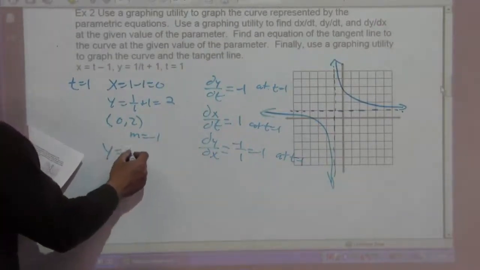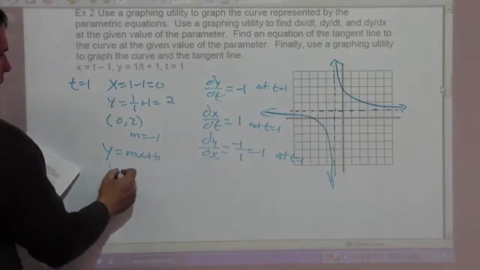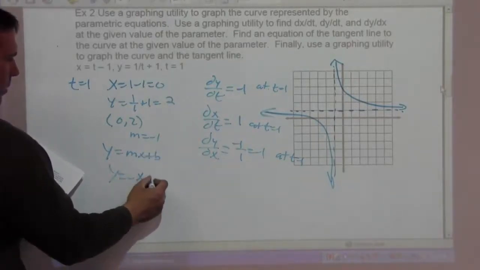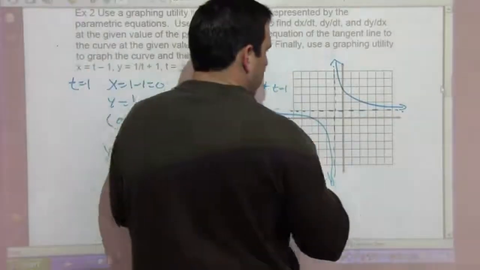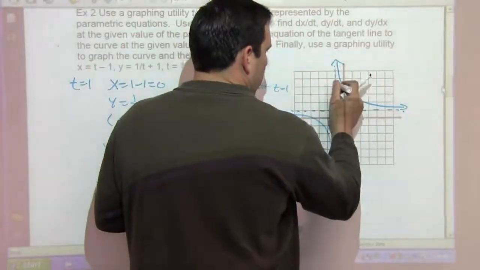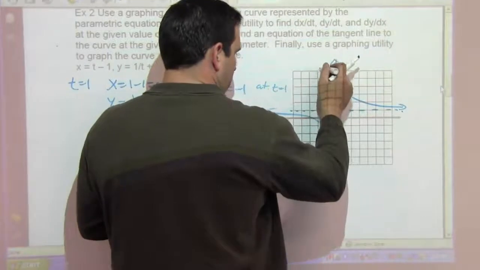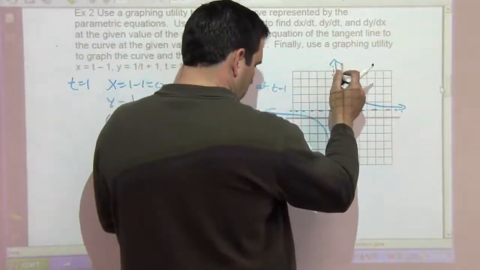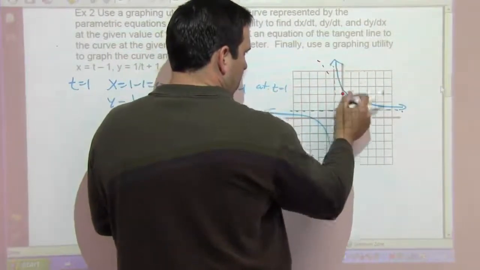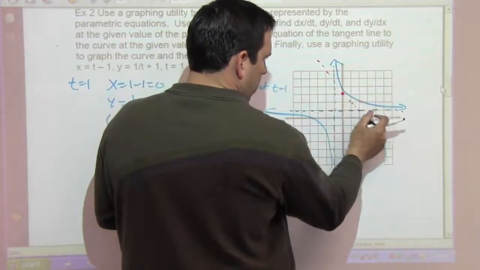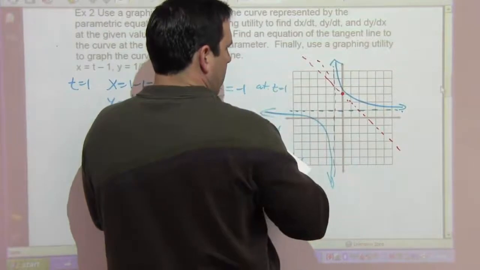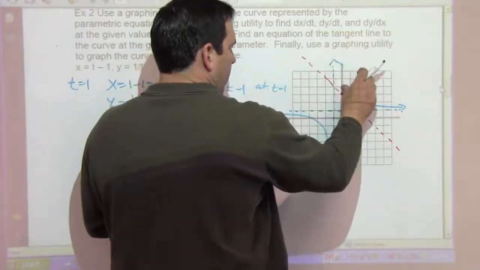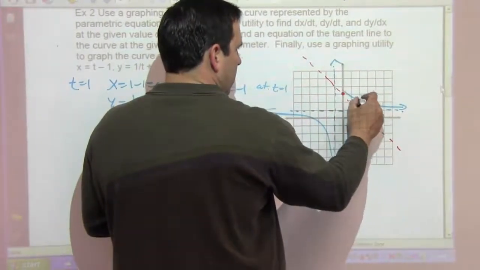So y equals mx plus b. y equals negative x plus 2. And it's going to be going like, say, negative x, and probably should modify my curve a little bit because it goes through that point.